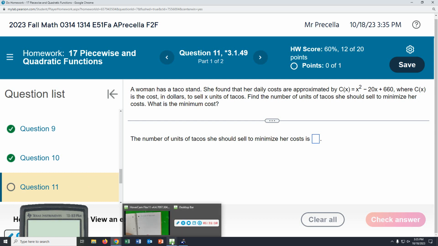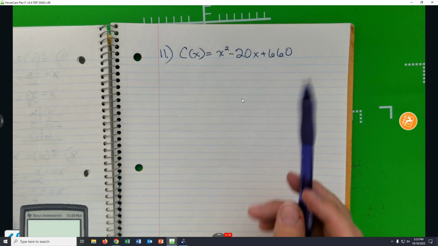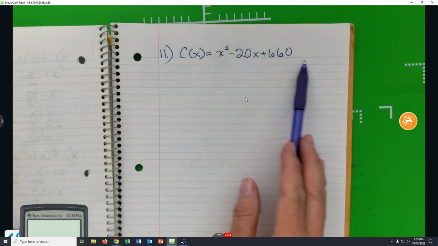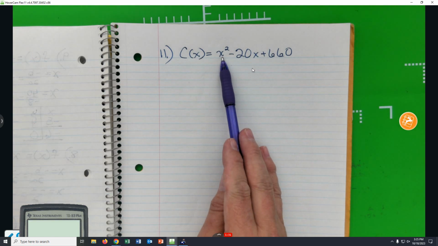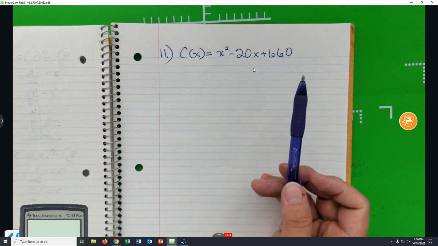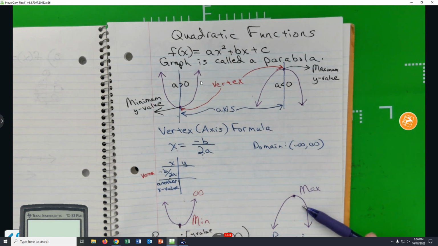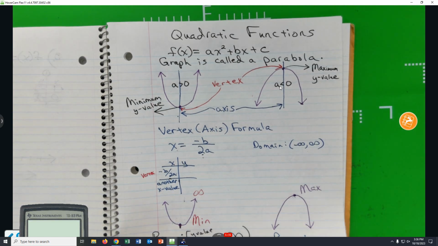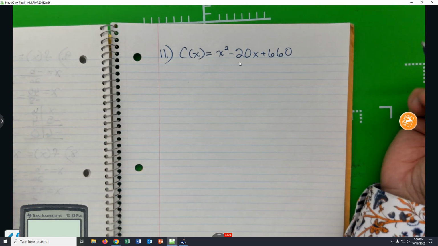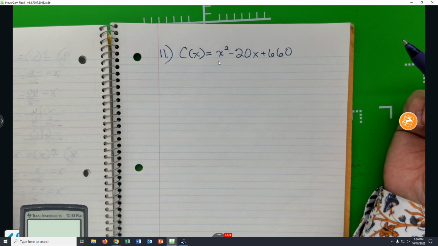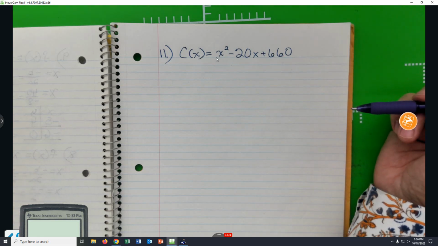So, enough of the tacos. At this point, it's just an algebra problem. They don't ask us to draw the graph of this thing. But if we did, we'd recognize that it's quadratic, so it's going to be a parabola. Up or down? Is it going to be opening upward or downward? What do we look at to decide whether it's going to open up or down?